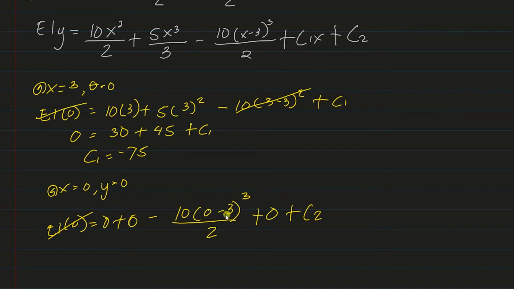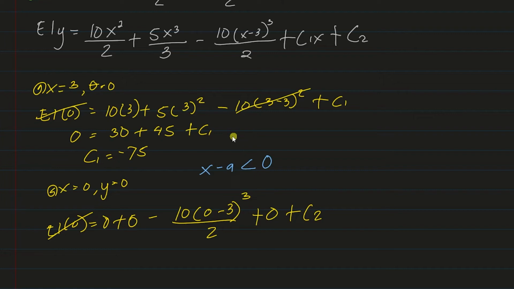Bakit? Kasi nga, itong x minus a, parang dito natin yan pinapertain. If that term, x minus a, is a negative number or is lesser than 0, we cancel out that term. And that is because of the principle of Macaulay.